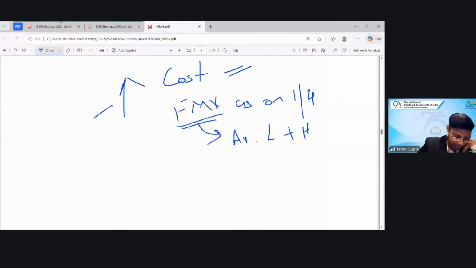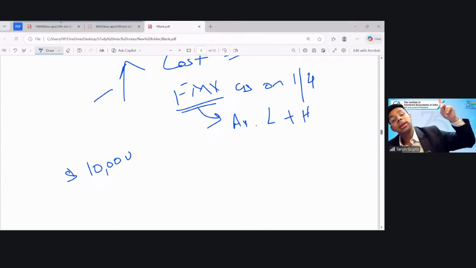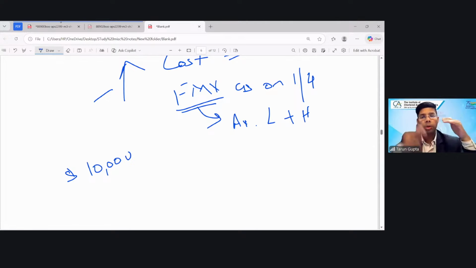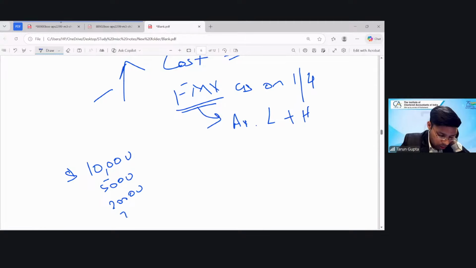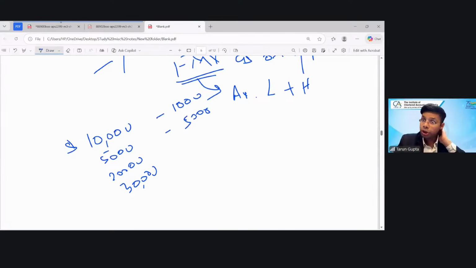Assuming you deposit $10,000, you have to take the deposit from the day the bank account was opened. You have to year on year just add on the deposits. $5,000, $20,000, $30,000. Though you may have withdrawn $1,000, $5,000 for whatever purposes, you have to just ignore this.